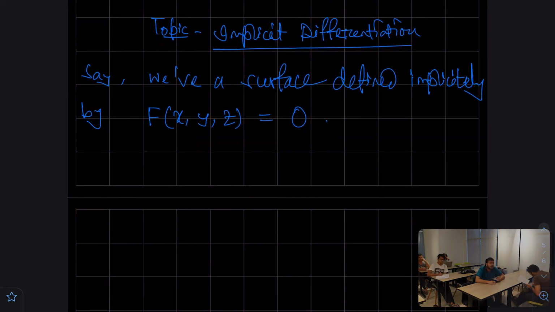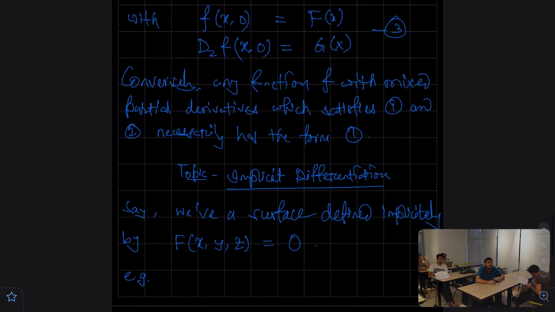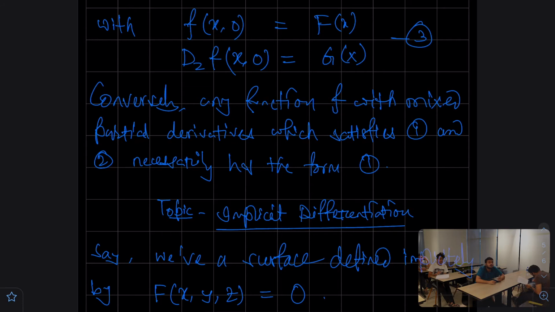Can I interrupt you? Does that have the form 1 or 3? It satisfies 1 and 2. Exactly, it satisfies 1 and 2, and 3 satisfies 2 and 3. Sorry, slip of everything.